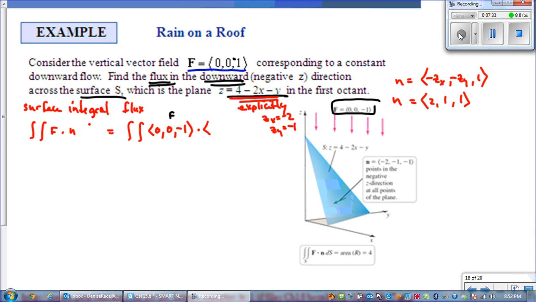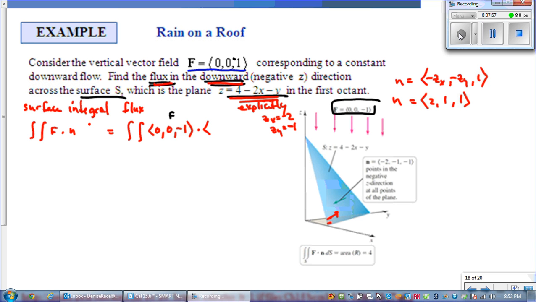Now, that's a normal vector, but what direction is that normal vector pointing? Okay, 2, 1, 1, if you were to plot that point, you would go over 2 on the x-axis, over 1 on the y-axis, and then up 1. So you would be looking at a vector pointing upward. But we want the flux downward.